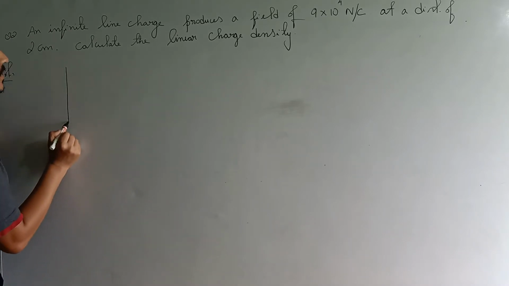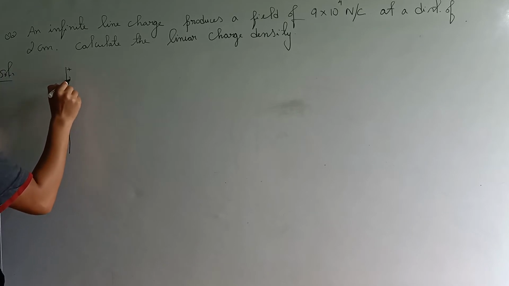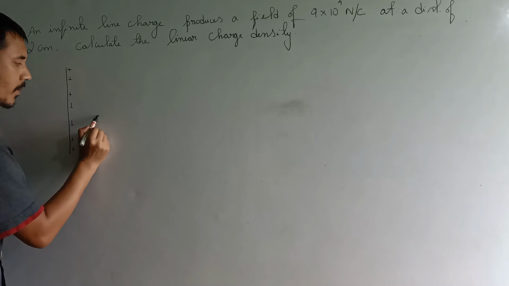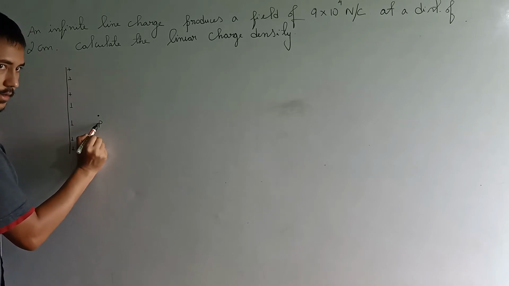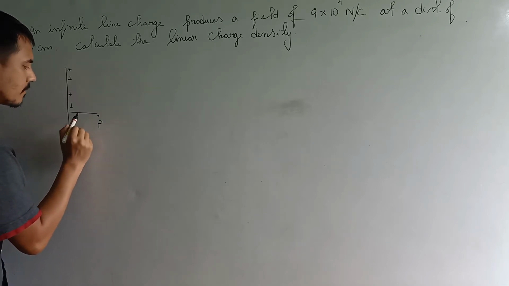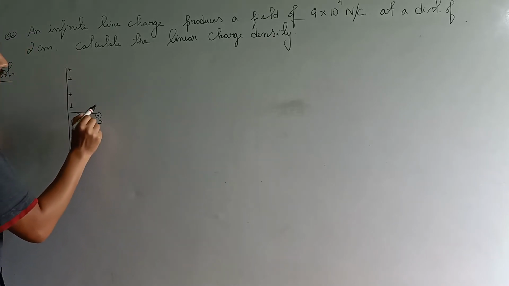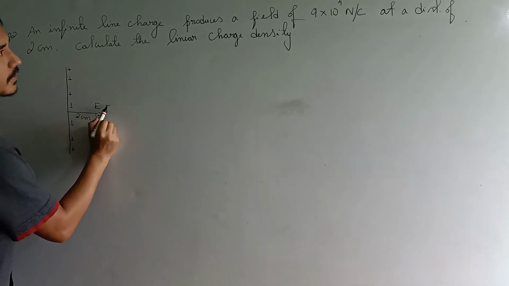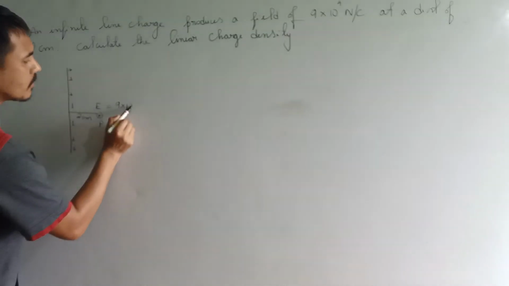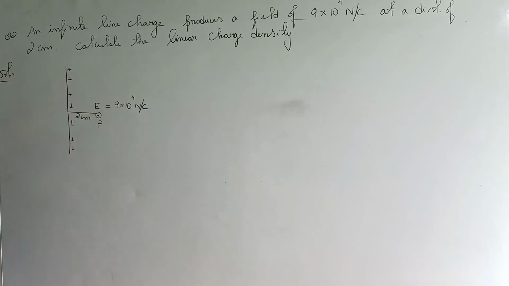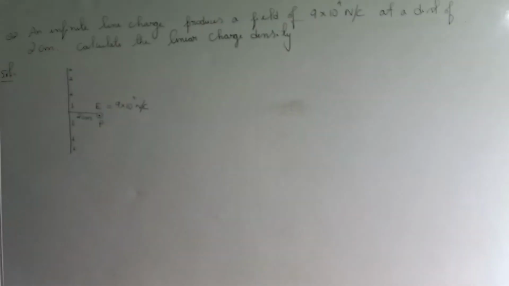So suppose this is your infinite line charge. At a point, say P, which is at a distance of 2 centimeters, the electric field is given to be 9 into 10 to the power 4 Newton per coulomb. We need to find the linear charge density.